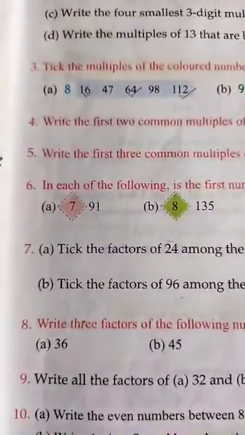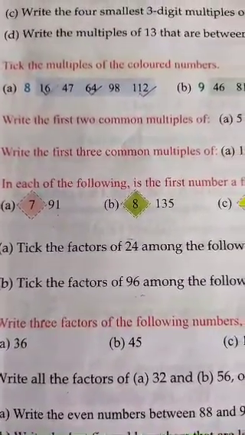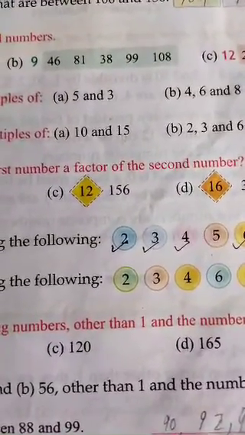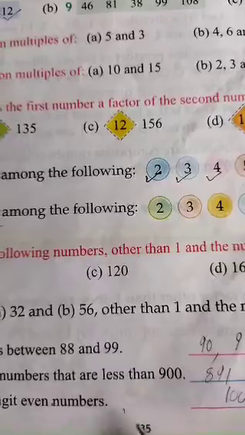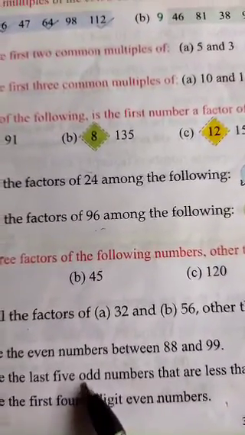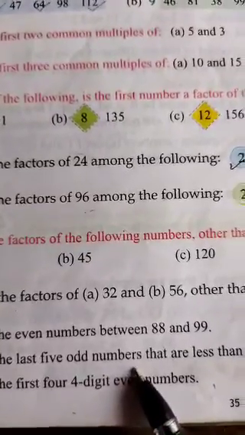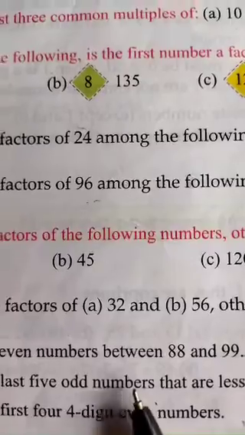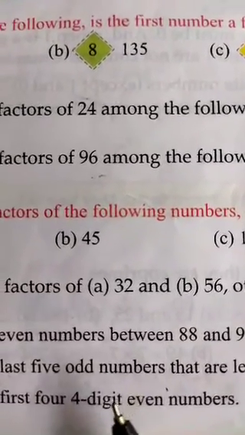Now in the B part you have to write the last 5 odd numbers that are less than 900. First of all, you should know what odd numbers are. Odd numbers are those numbers which are not divisible by 2.